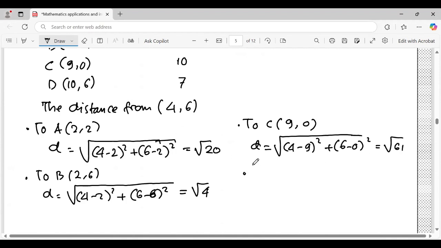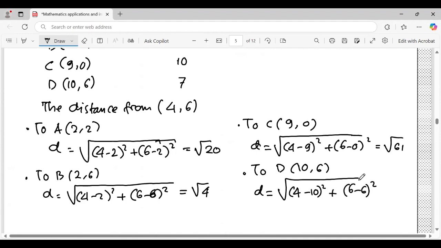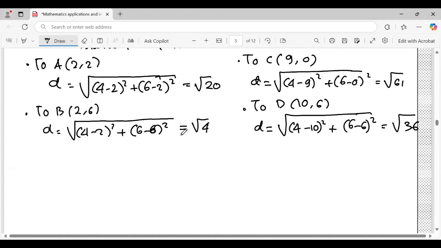Next, from this point to D, (10, 6). And the distance is the square root of (4 minus 10) squared plus (6 minus 6) squared, it is square root 36. And the closest distance is this one, square root 4.